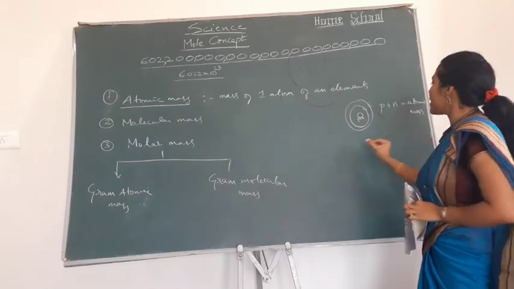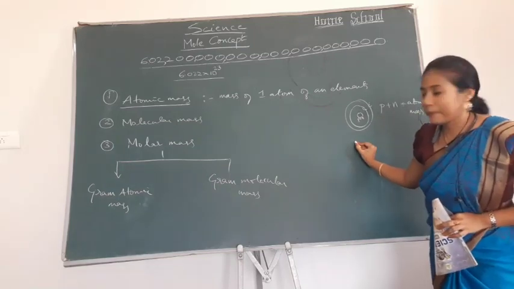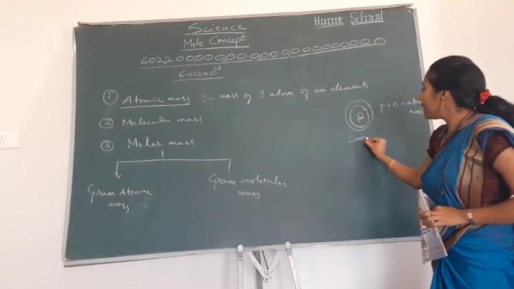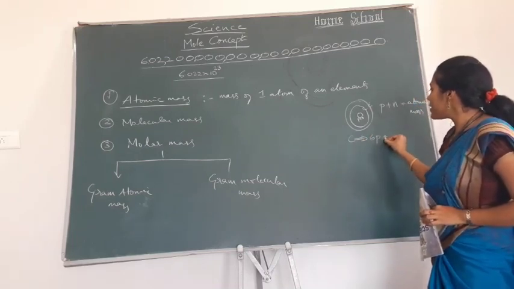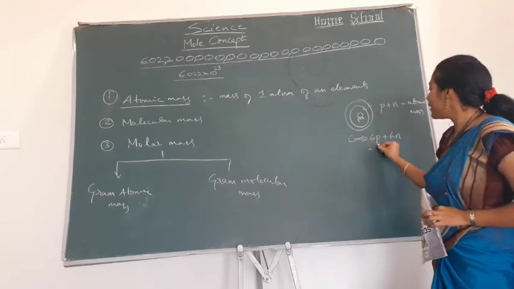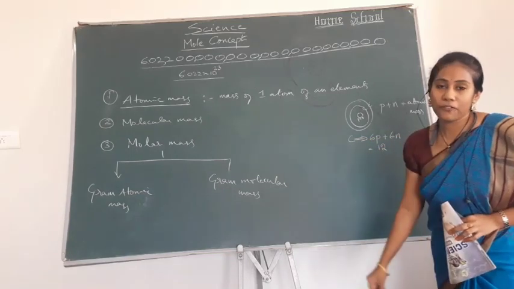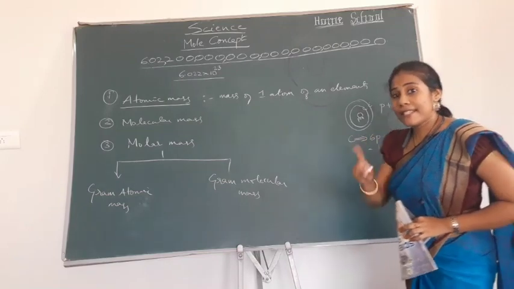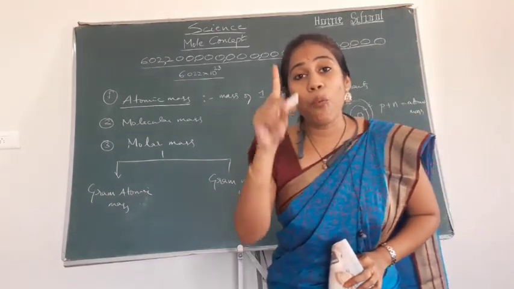Say for example, the element carbon has 6 protons and 6 neutrons. So what is the atomic mass of carbon? The atomic mass of carbon is 12. Atomic mass, remember, is the mass of one atom.